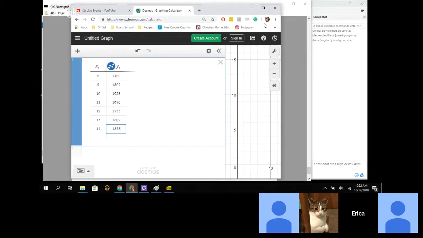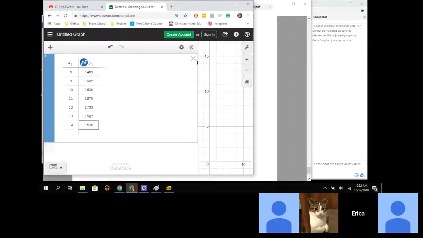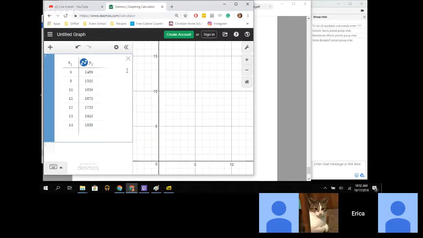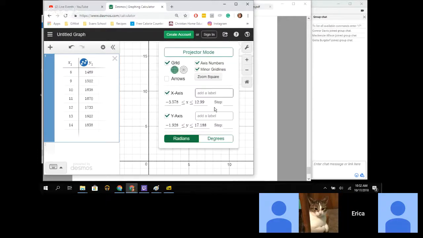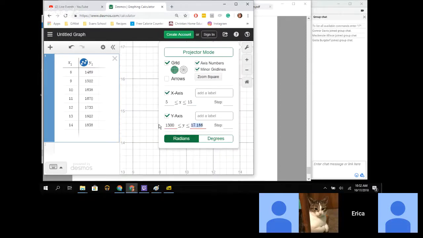Okay. So now I plotted my data, right? If I go to look at my data and see what it looks like, I can't see it. That's because my axes are all messed up, right? So I should go from like 5 to 15 and from maybe 1300 to maybe 2000.